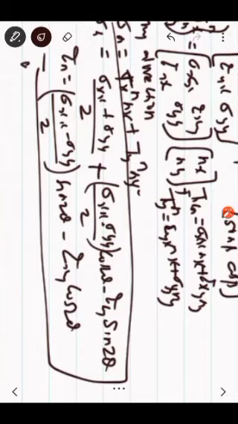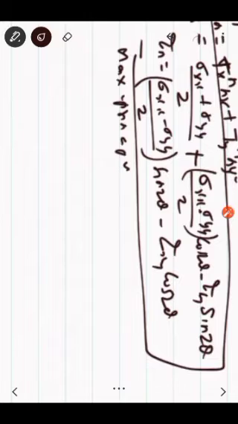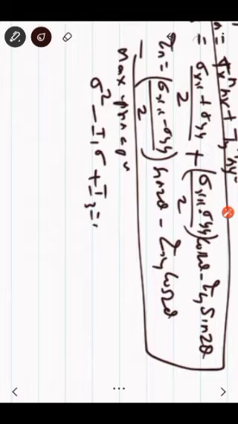And what is the maximum principal stress? Here the characteristic equation will be sigma square minus I1 sigma plus I3 equal to 0.